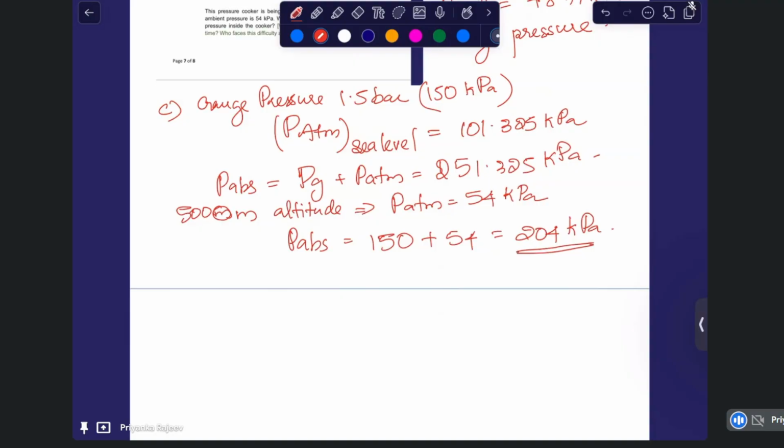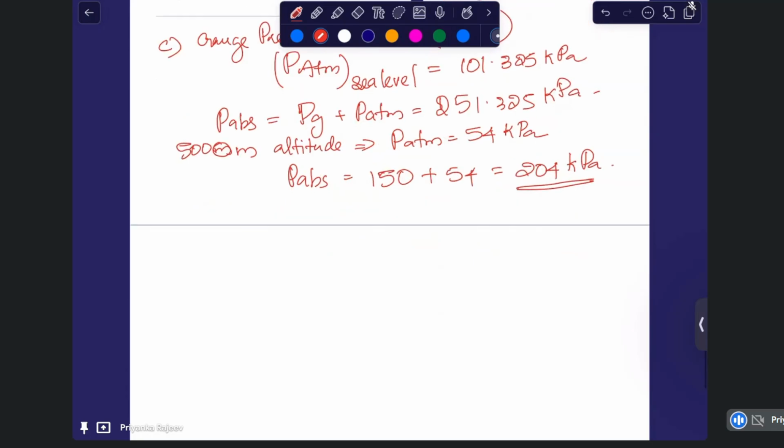So cooking time increases at high altitude because the pressure is less. As we have seen in many devices like autoclave and all, what we are doing is we are trying to reduce the temperature that is required to boil using pressure. But with the pressure lowering, the temperature required to boil will be higher. So to reach that temperature, you have to give a heat input. Heat input is always constant.